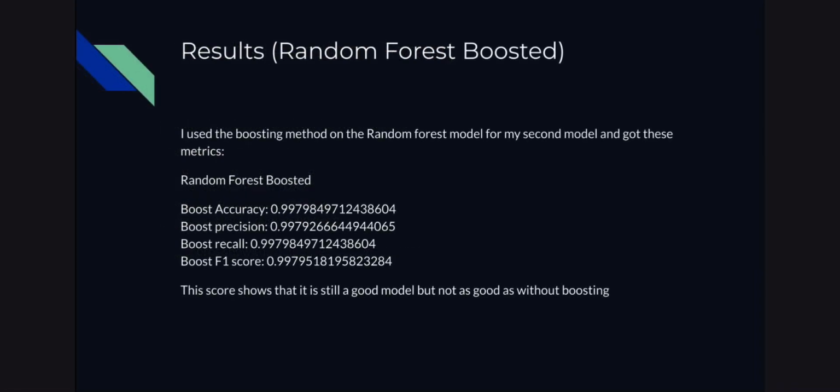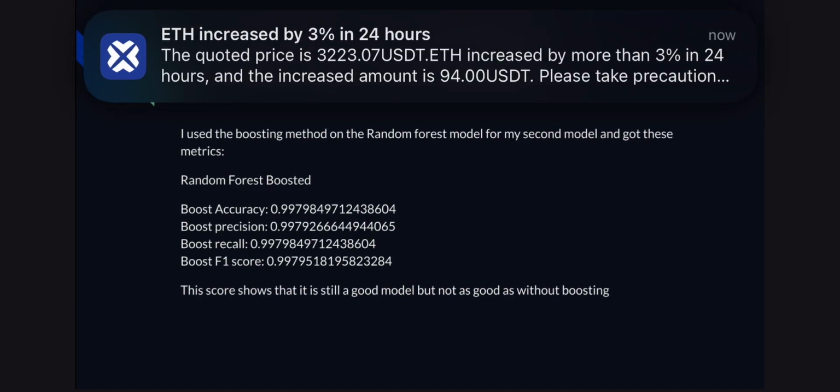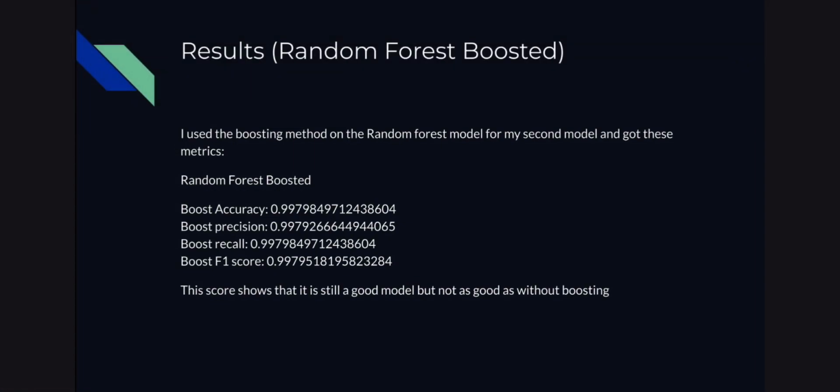The other model that I used was the boosted random forest model, which is taking the normal algorithm of the random forest and adding an extra piece to the end where it gives more weight to the misclassified instances in each of the models and corrects the errors made by the previous models, which usually leads to a better score, which is why I chose this model, because I wanted to see if it would give me a higher score.